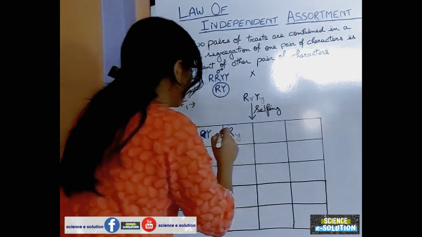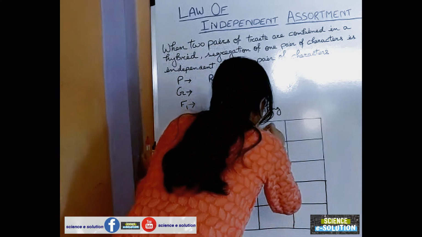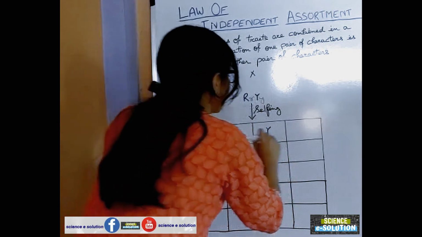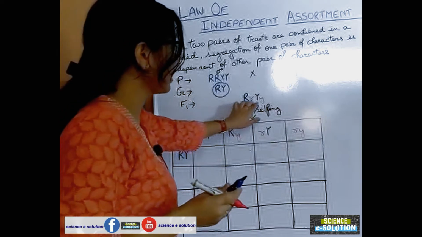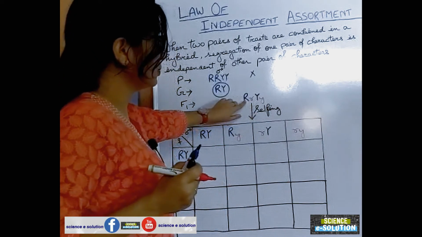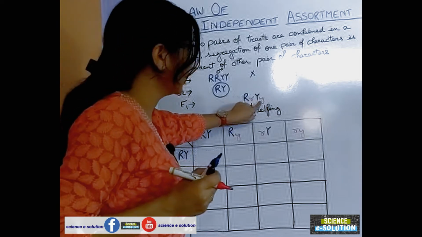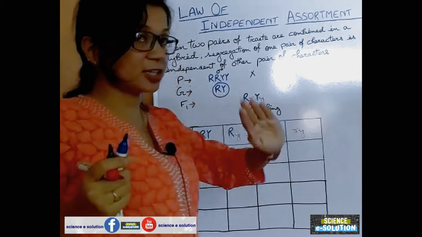You can get my point? The third one will be small r, capital Y, and the fourth one will be small r, small y.